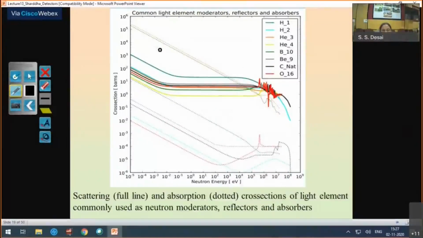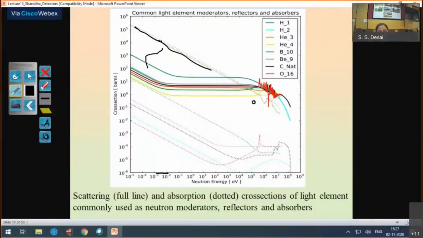This is for our application. These are for helium-3 and BF3, helium and boron-10. Our application range is from 10 raised to minus 3 to 10 raised to minus 2, and in that range these are absolutely linear.